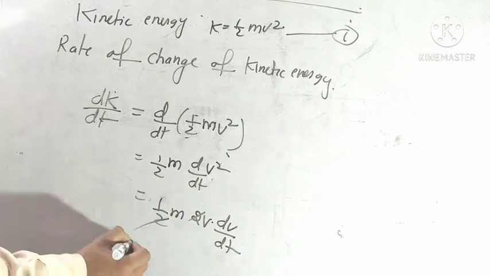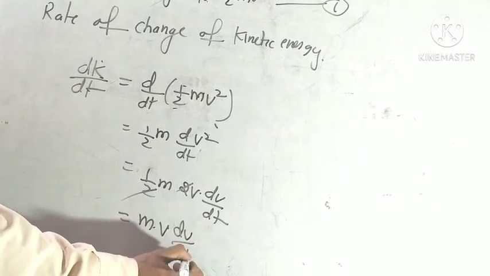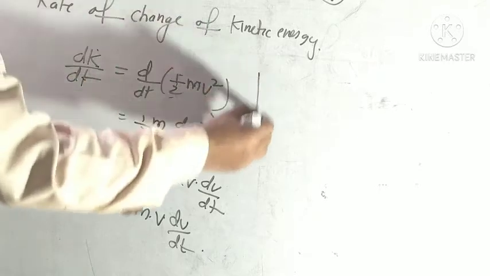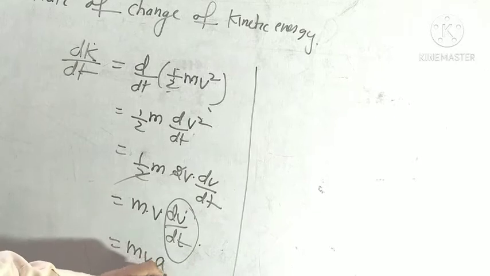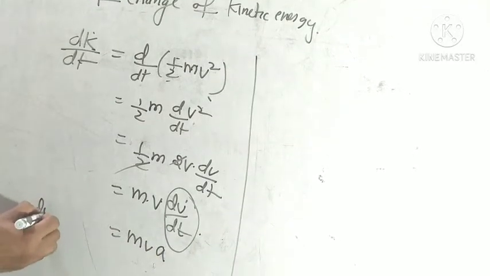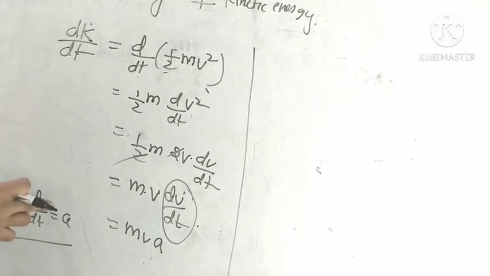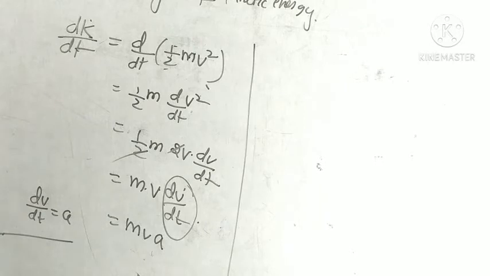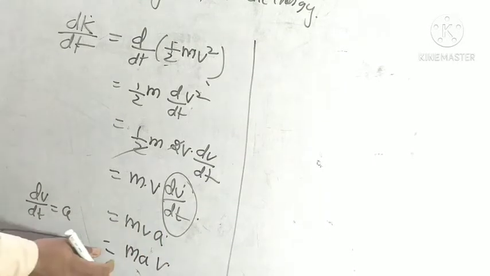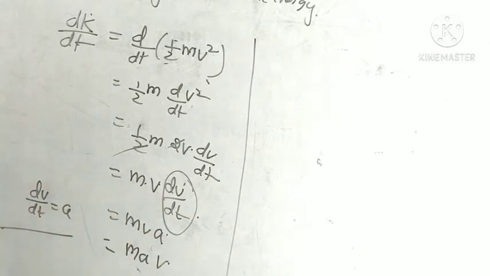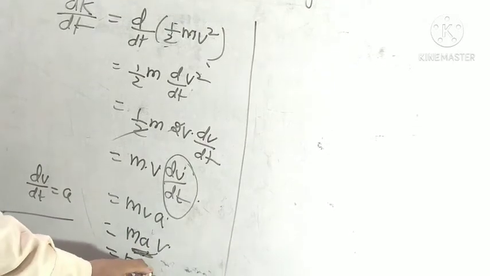The 2 and 2 cancel each other, leaving half... actually m v dv upon dt. Here dv upon dt, the rate of change of velocity with respect to time, is acceleration. So we can write m a v, and here ma gives force, so force into v.